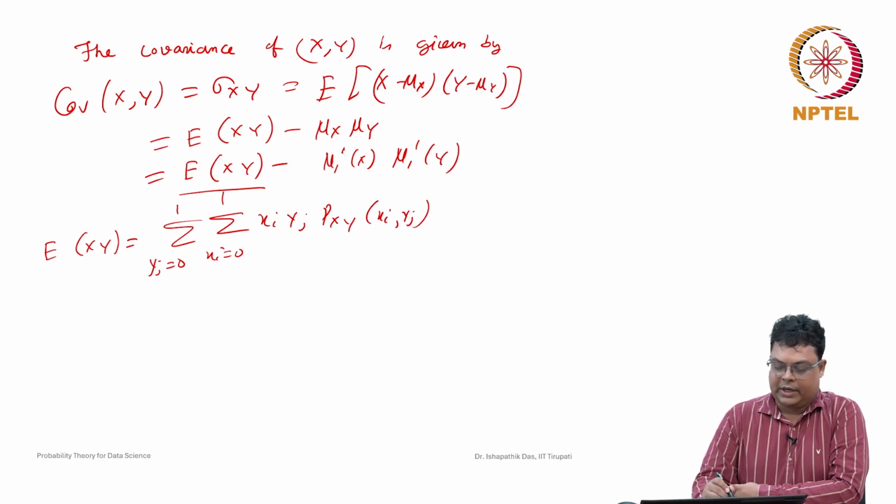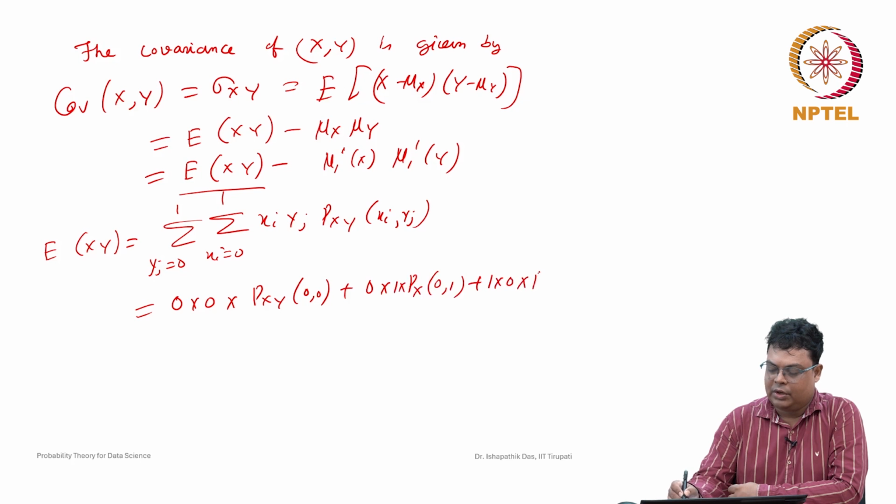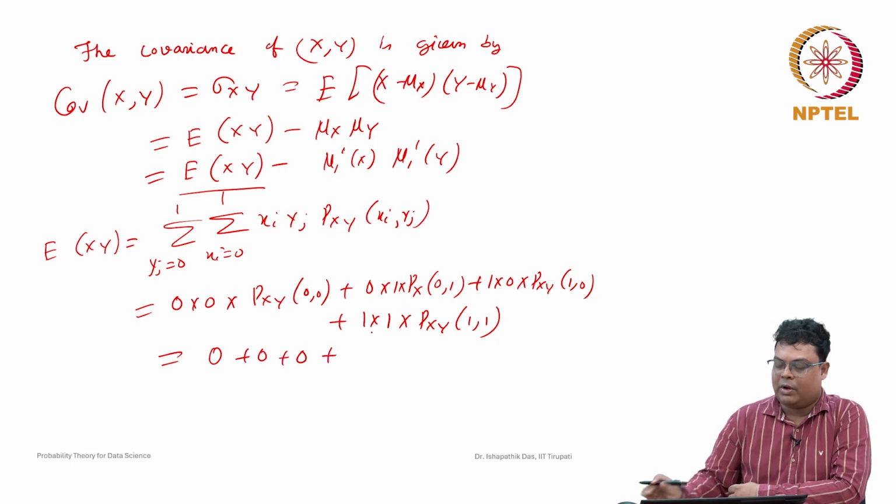So this is 0 into 0 into pxy of 0 0, plus 0 into 1 into pxy of 0 1, plus 1 into 0 into pxy of 1 0, plus 1 into 1 into pxy of 1 1. Note that whatever the value of the other probabilities, we need not compute them because they are multiplied with 0 and become 0. So this is 0 plus 0 plus 0 plus 1 into 1 into pxy of 1 1.